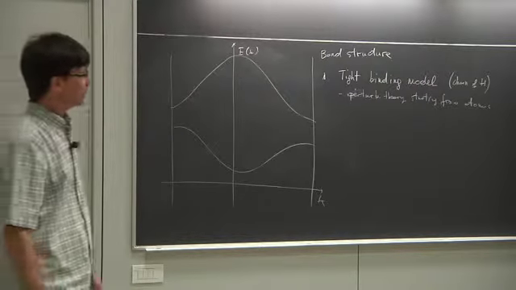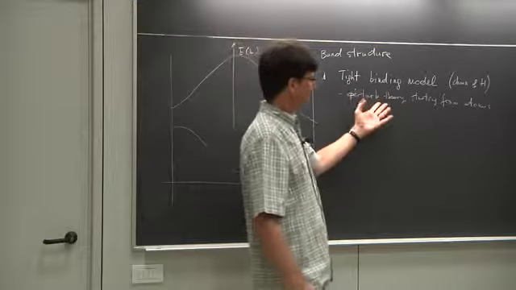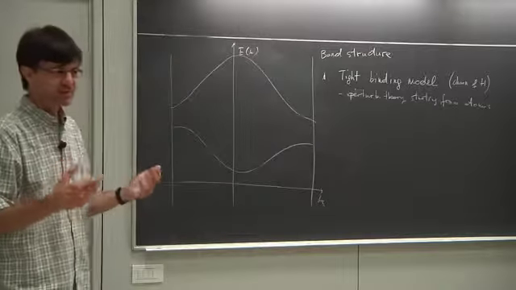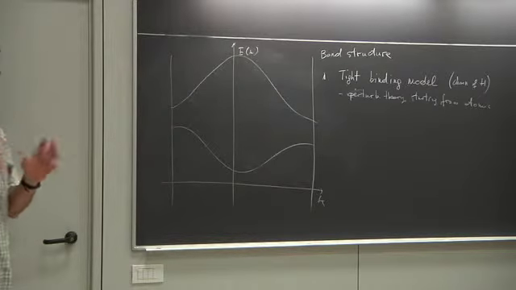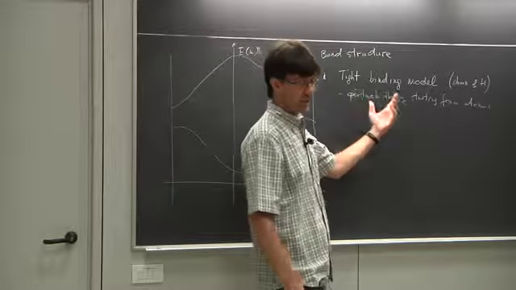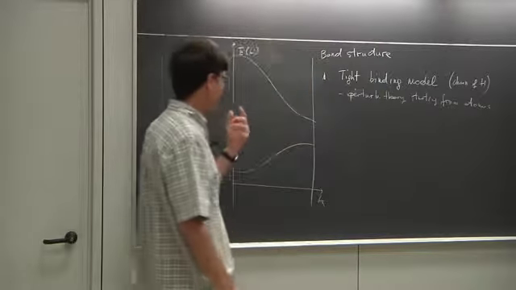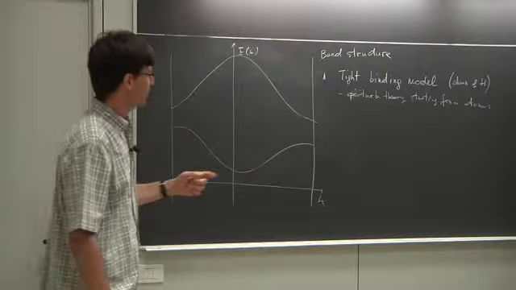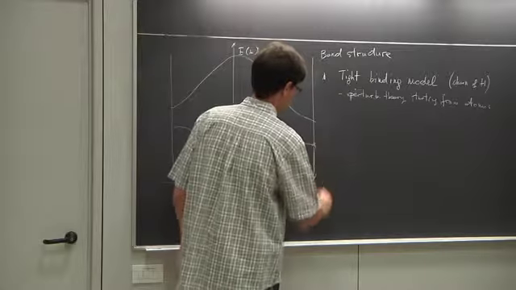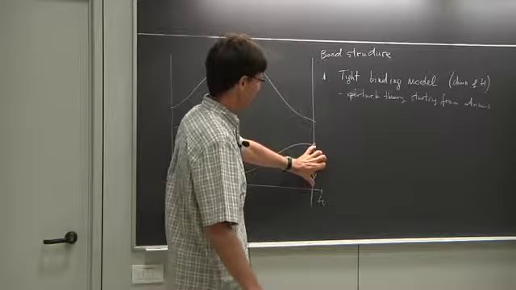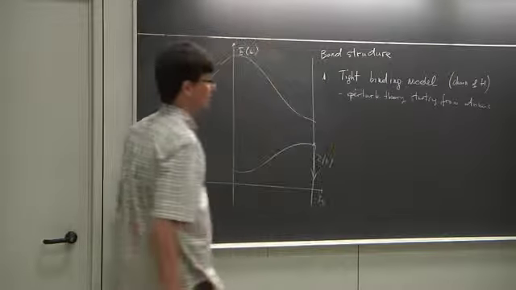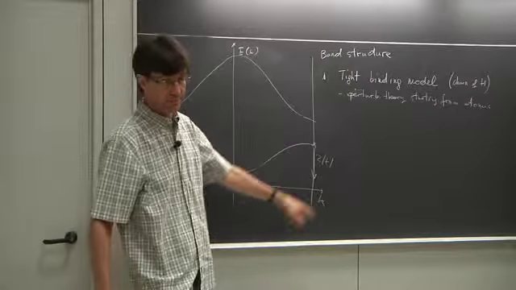Now, if you do this, of course, you are somehow assuming that the overlaps, our delta E naught, our T's, are small numbers. They're not too big, because otherwise you're not allowed to do perturbation theory on top of that. Now, the consequence of this is that the width of the bands, in the one-dimensional model that we developed, the chain of hydrogen atoms, was given by 2T, if you remember.